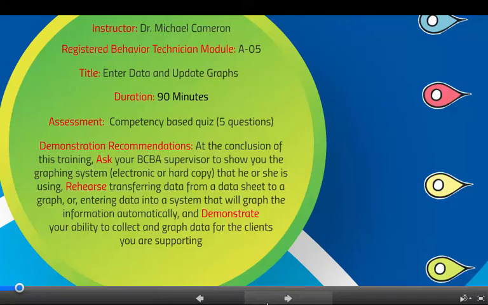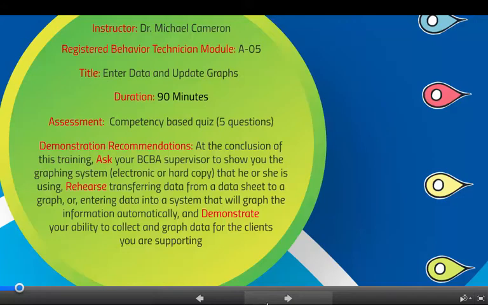I will say that if you develop skill and capability in terms of not only entering data but also transferring data from data sheets to graphic form, or transforming it from data collected on an iPad or a tablet and electronically graphing it, if you can master those skills, you'll be a tremendous assistance to the BCBA supervisor that you're working with.